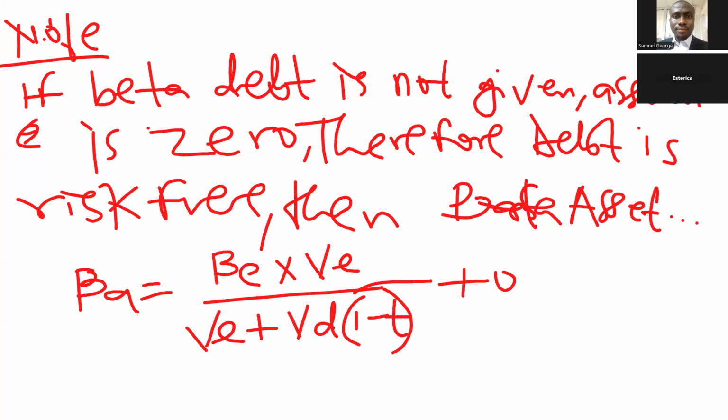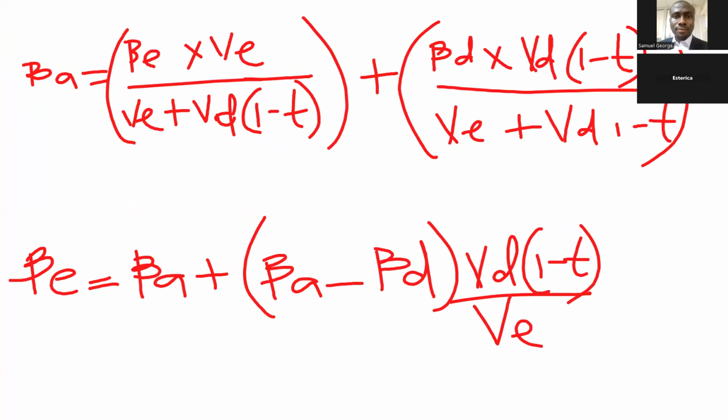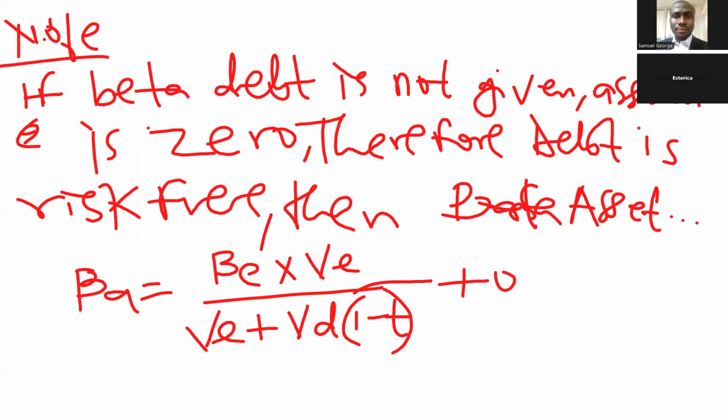If you look at the formula for beta asset, you will see that the other side is beta debt times value of debt. So if beta debt is 0, that side is 0 times 0, which is 0. So that is why we calculate it in this manner.